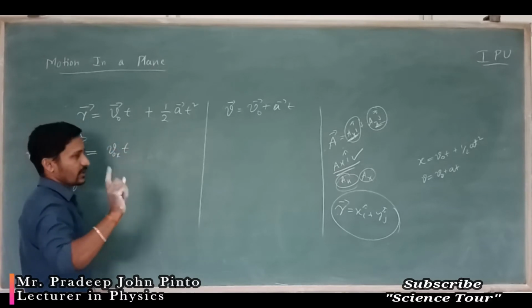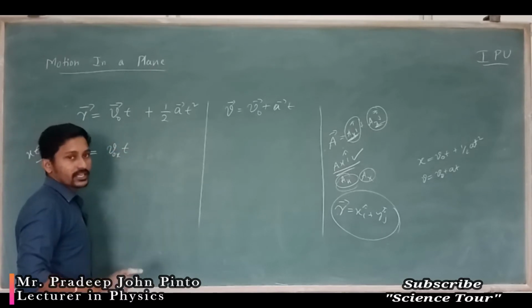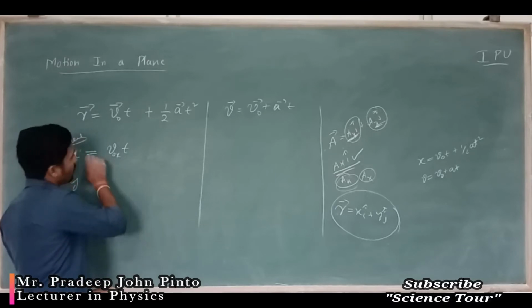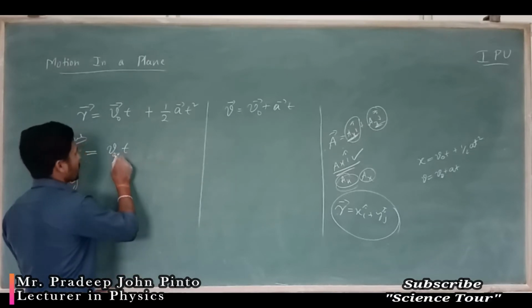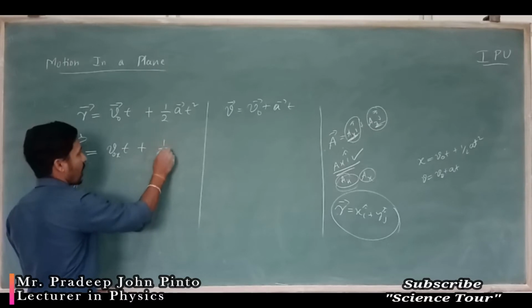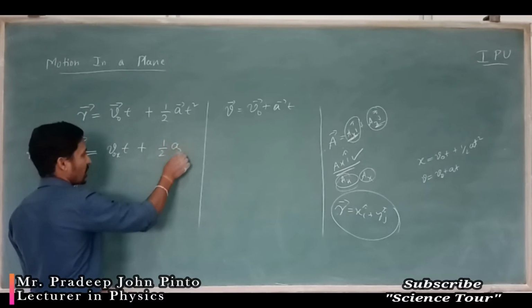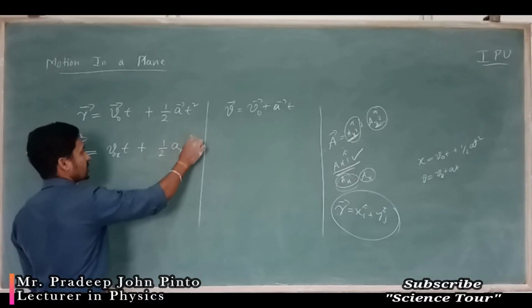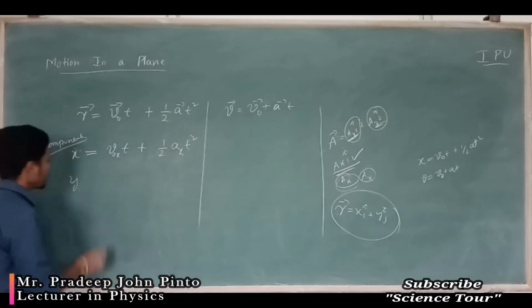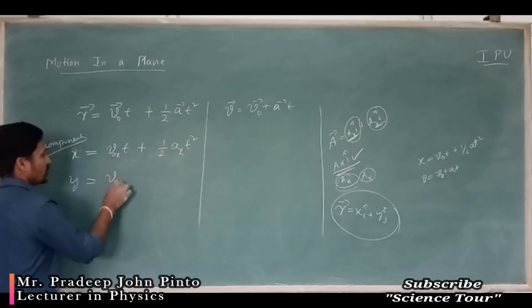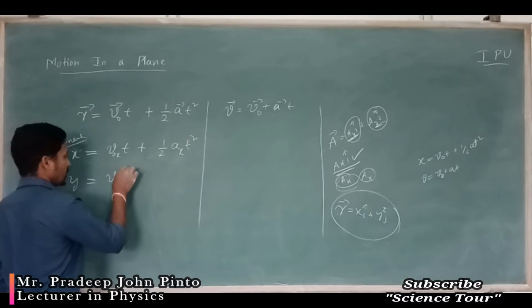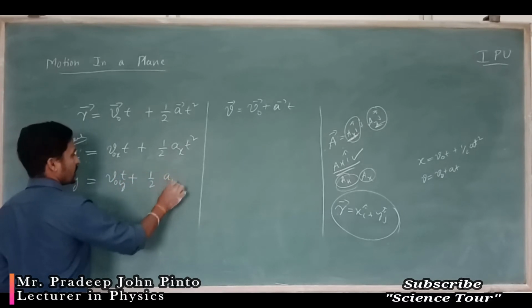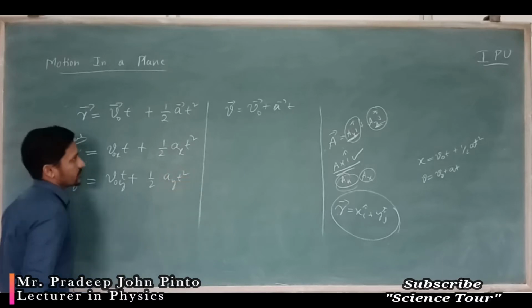We are not going to write any vector here because a component is a scalar. Plus half ax t square, where a is no longer a, it is ax. Similarly for the y component, v naught y into t plus half ay t square.